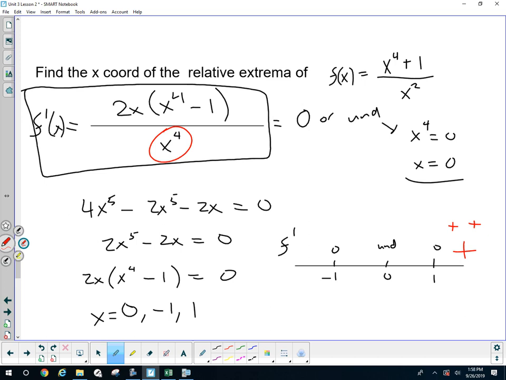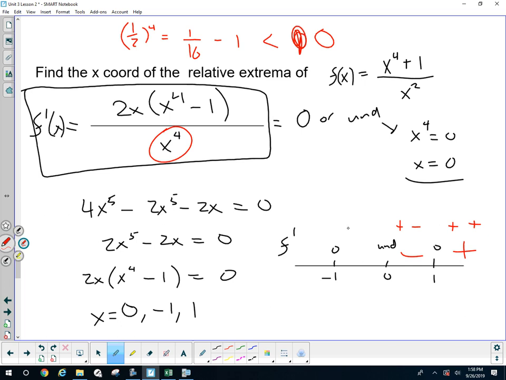If I plug in a half, you got to think about how 1/2 to the fourth power, what happens there? Turns into 1/16. If I take 1/16 and subtract 1, I know that is less than 0 because 1/16 is less than 1. So that's going to be a negative. I got a negative there.